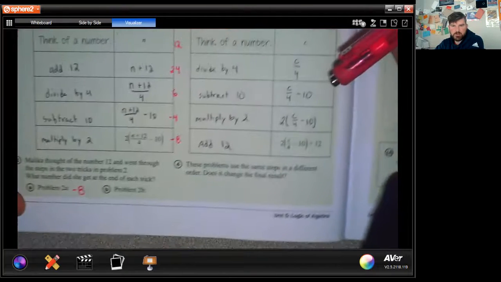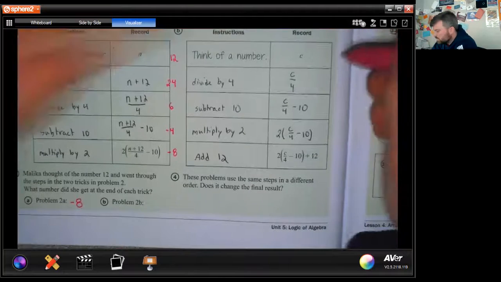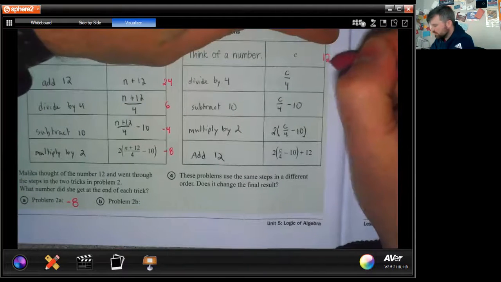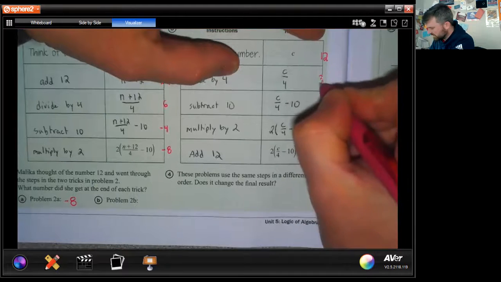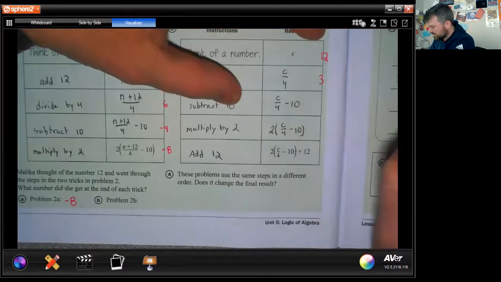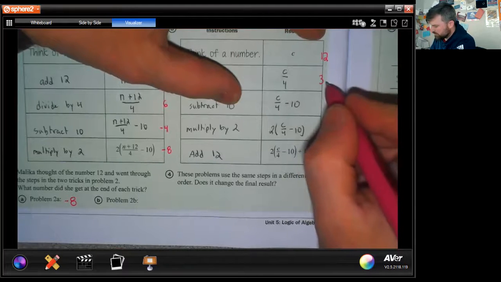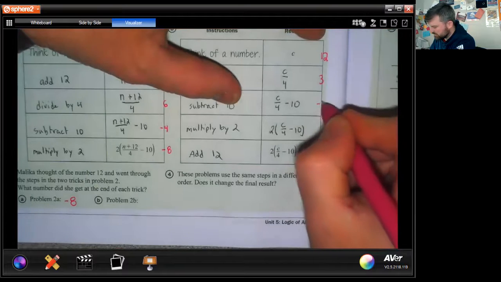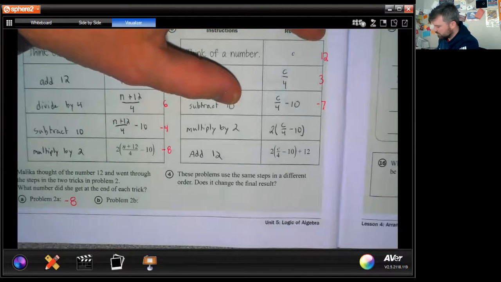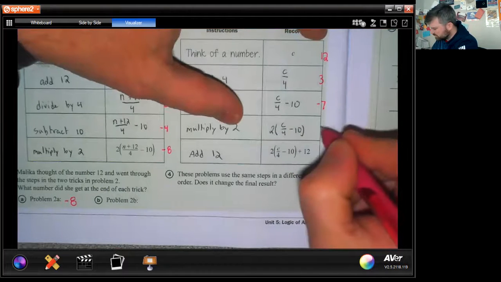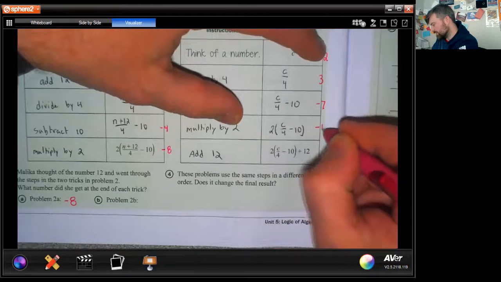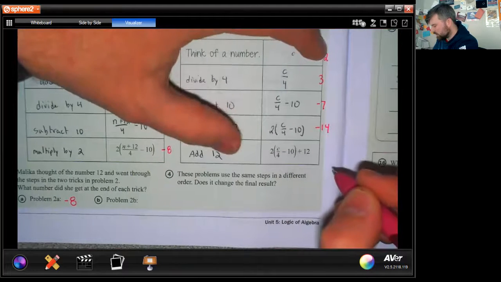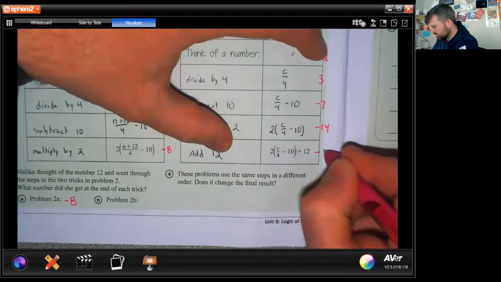And for problem 2B, again, she thought of 12 at first. Divide by 4. 12 divided by 4 is 3. Subtract 10. Well, 3 minus 10 is -7. Multiply by 2. 2 times -7 is -14. Add 12, you're going to get -2.